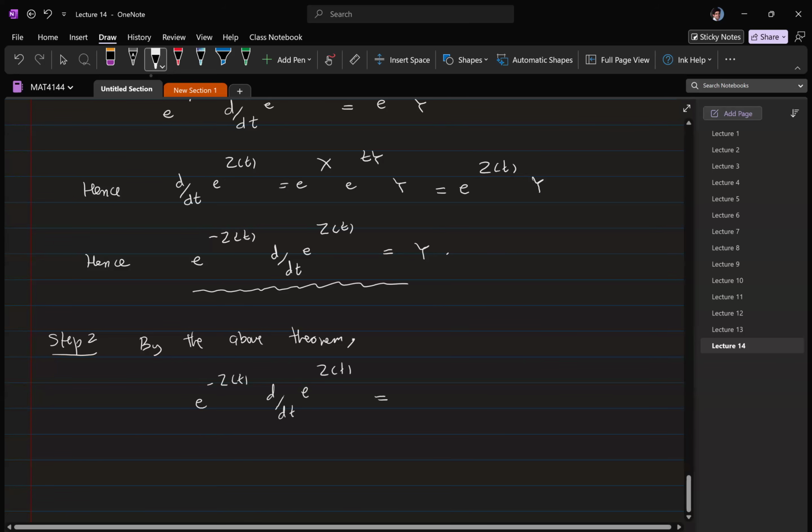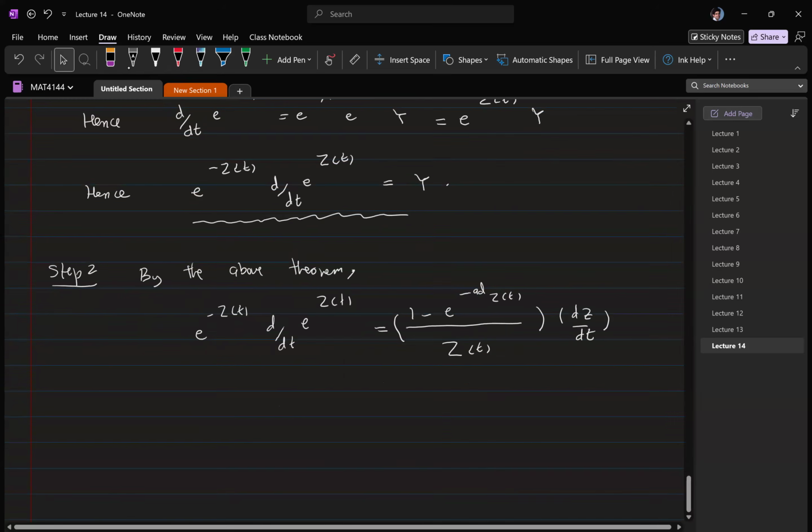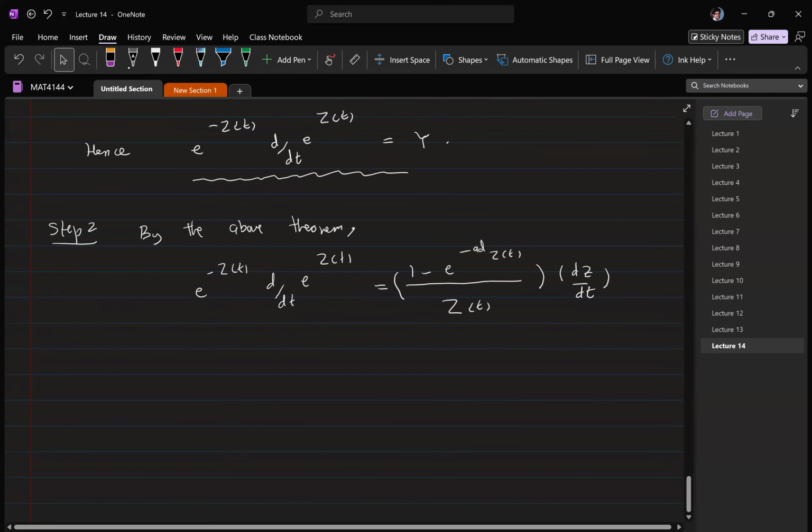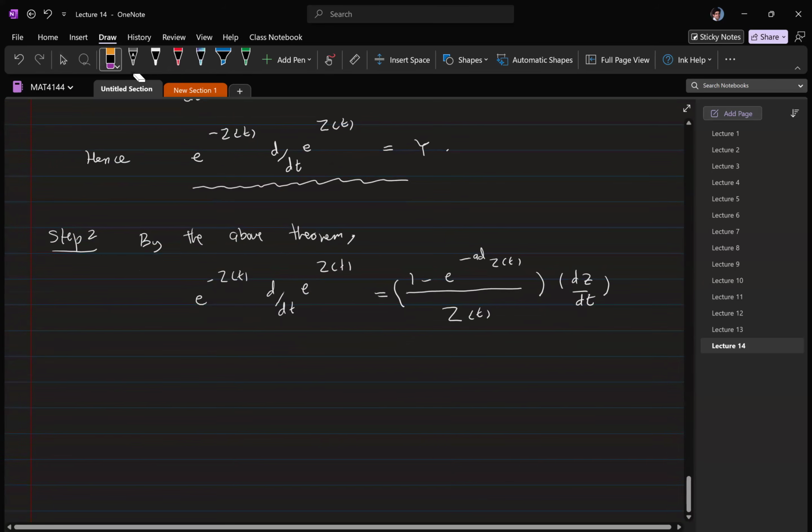This is just 1 minus e to the minus ad zt divided by ad zt, applied to dz dt, interpreted by the formal series. Previously we had this exponential on this side in the theorem. But now, we have calculated this above and it's equal to y.